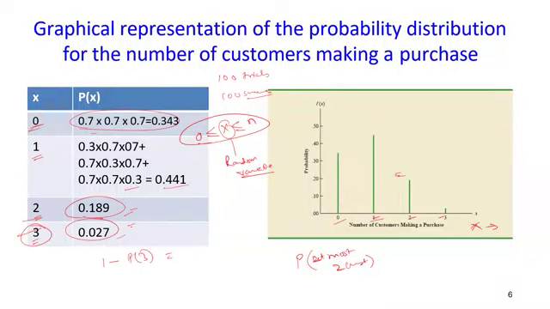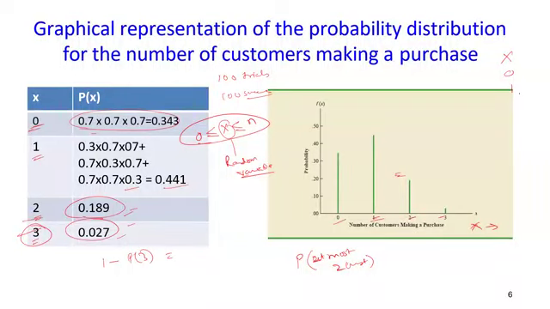Let's suppose if it is coming more than 50% or more than 60%, then I'm good: out of 3, at least one is making a purchase. So if I can calculate that, I can look at various scenarios and make a decision accordingly.